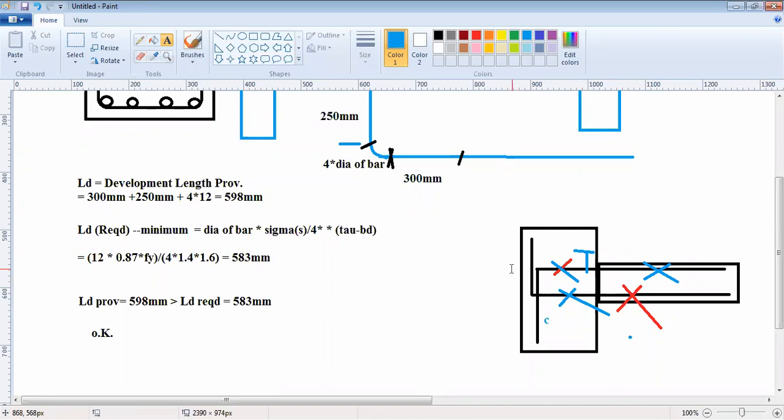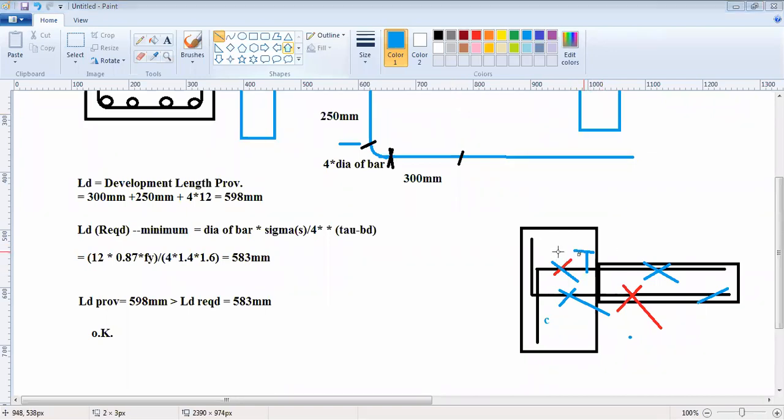So while we are designing for development length, we are designing based on the nature of the bar. This is a tension bar actually, but in the support this is becoming a compression bar. That's why the code is taking a higher value for the top portion, this one.